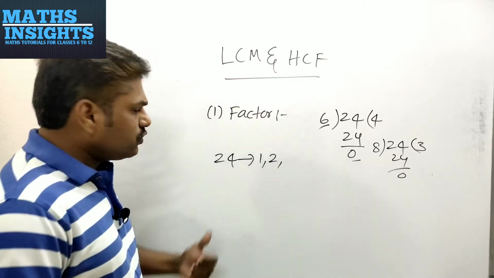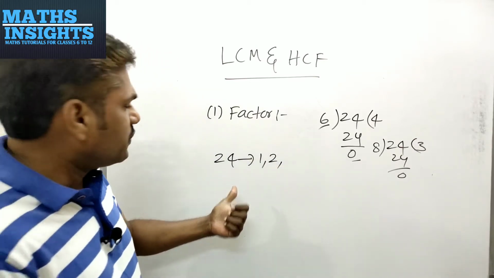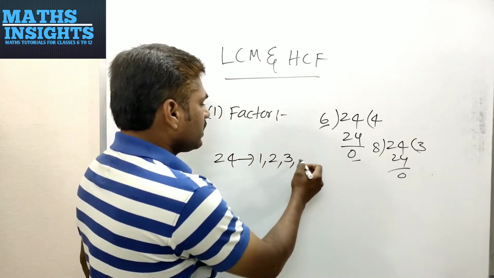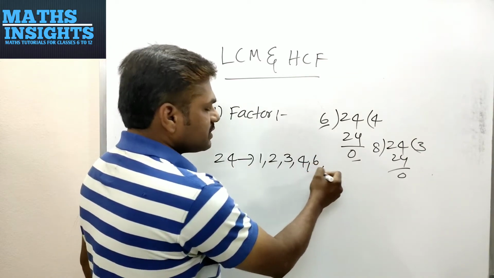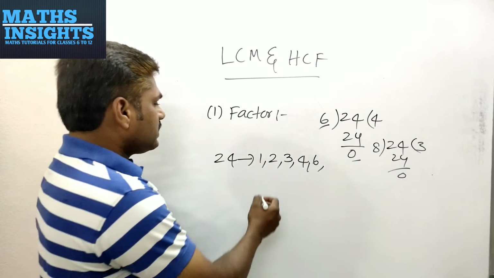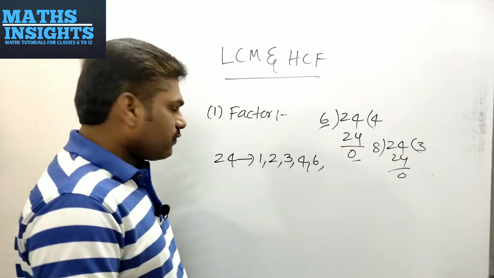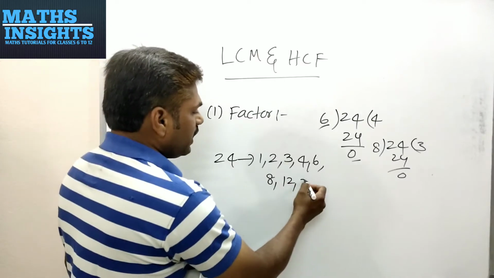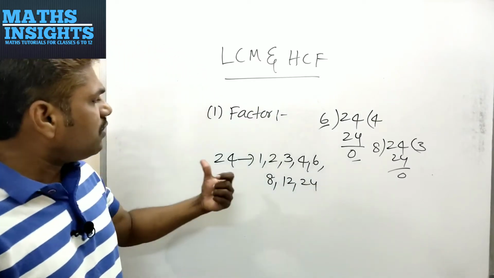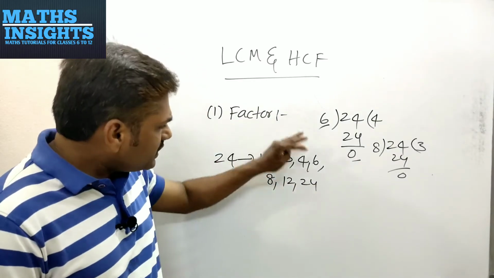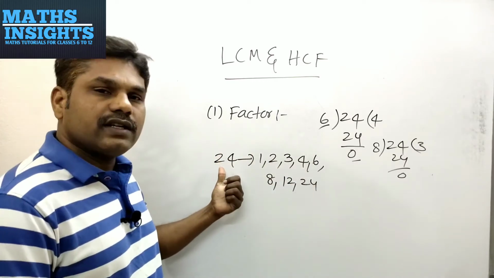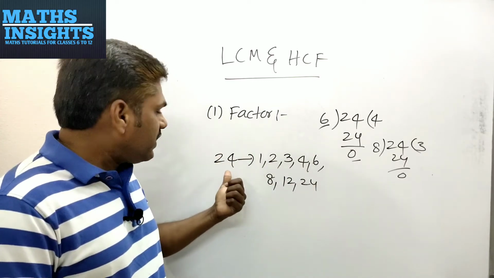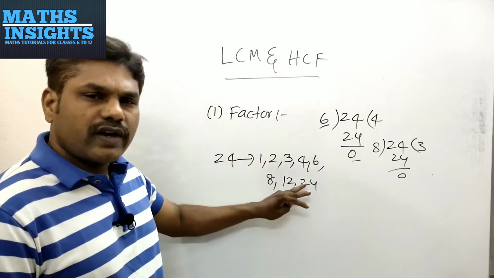Why? Because 2 exactly divides 24. And 3, okay, 4, 6, 5 is not, and 7 is not a factor, 8, okay, 12 and 24. These are all factors, and if you observe, all these numbers exactly divide 24. That's why these are called factors.